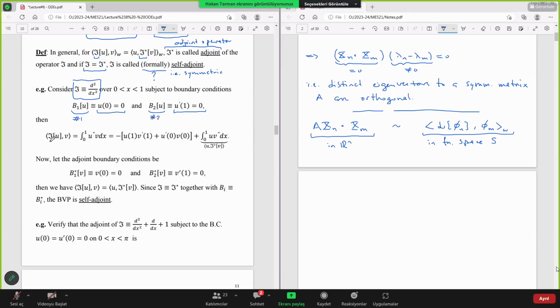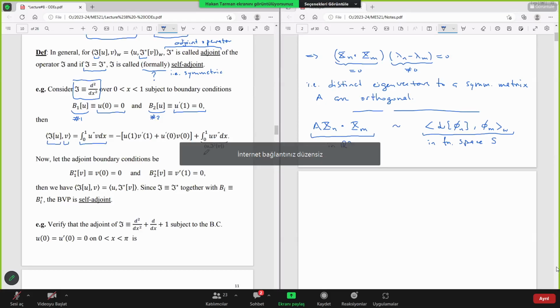And I go through this process. U and V change places, okay? So you see that your L and L star are the same, right?